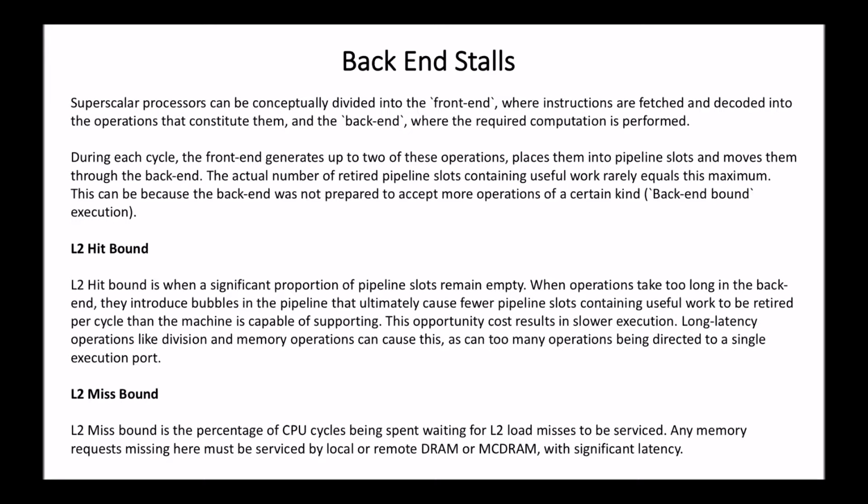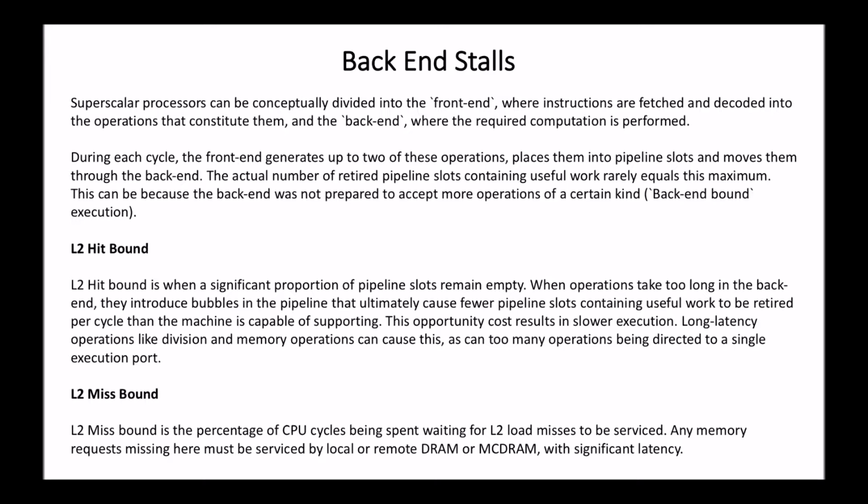L2 hit bound is when a significant proportion of the pipeline slots remain empty. When operations take too long in the back end, they introduce bubbles in the pipeline and cause fewer pipeline slots containing useful work to be retired per cycle than the machine can support. This is an opportunity loss, and it can result in slower execution.